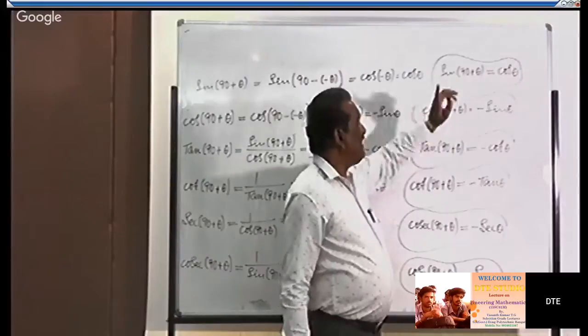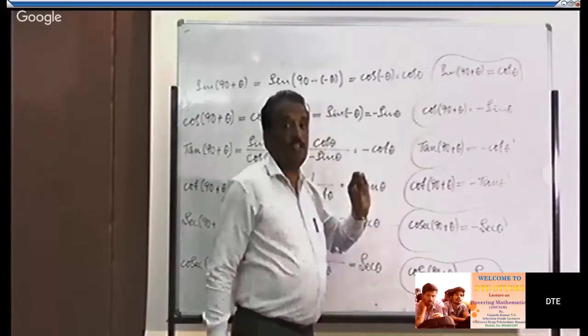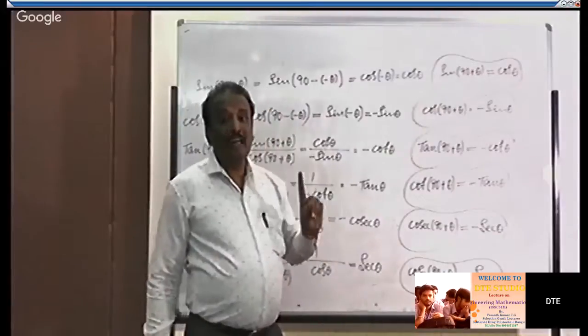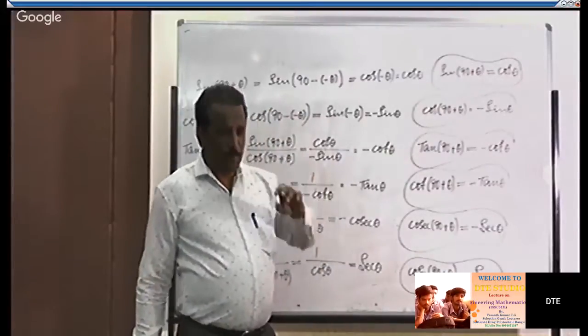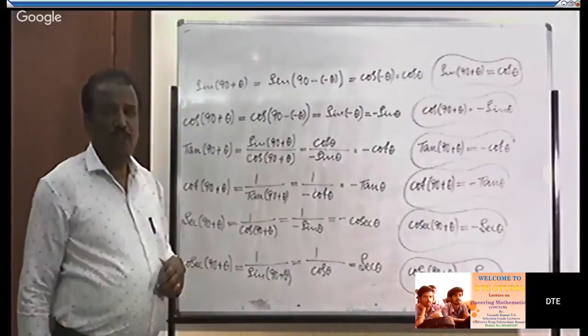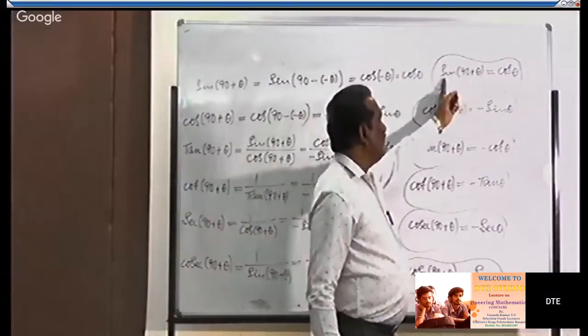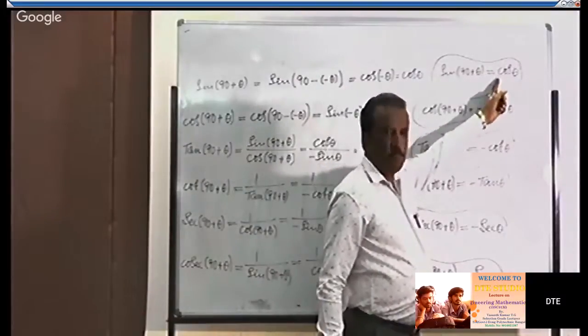So 90 plus theta, if it is coming under second quadrant, according to the ASTC rule, only sine and its reciprocal cosecant are positive. So in that manner, when we connect 90 plus theta to sine, the result on the RHS is positive sine.